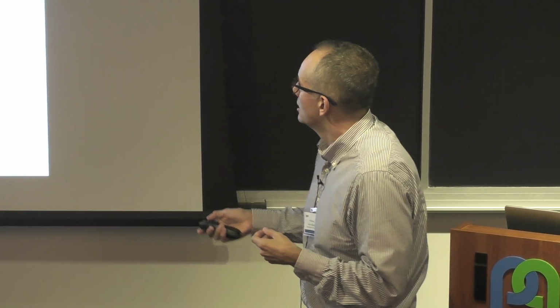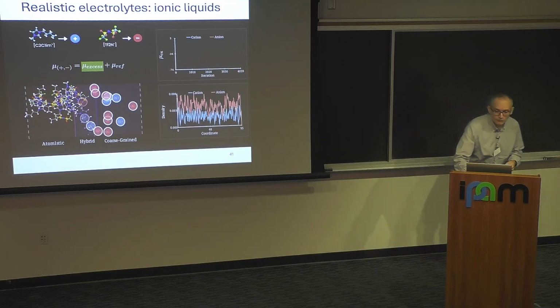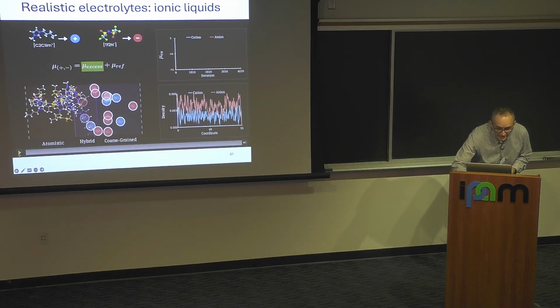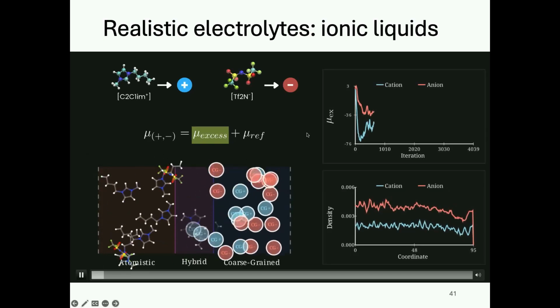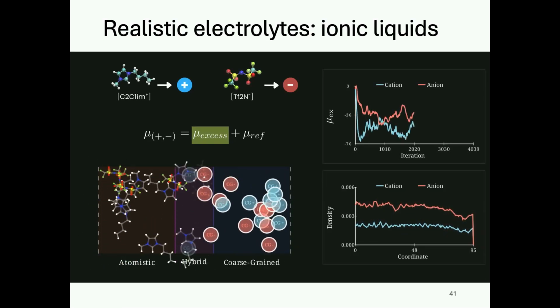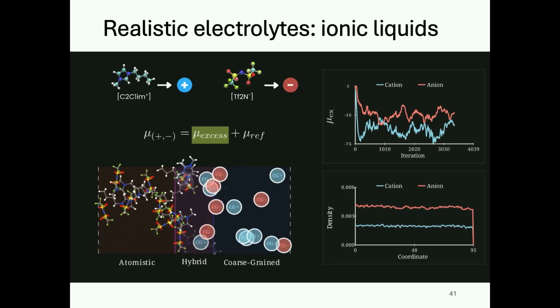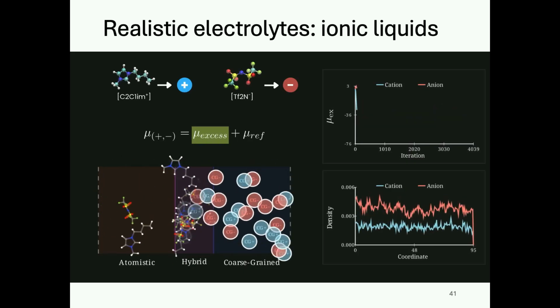So what's going on with electrolytes? Here I can show that the approach works, in this case, for an ionic liquid. There are a few catches here. We drop this ideal gas representation. Instead, we have charges, so we have a constant charge across the system.